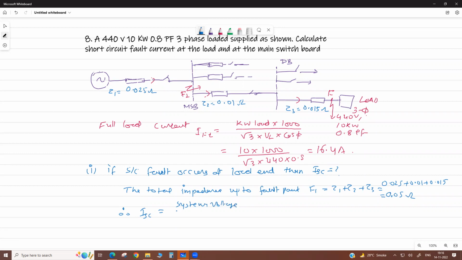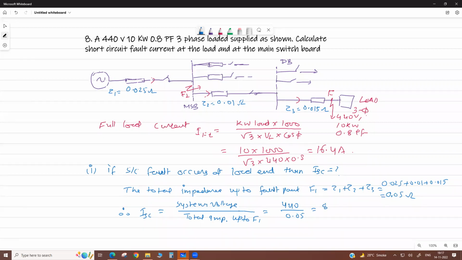Now therefore, please remember, the short circuit current equals the system voltage, your supply voltage, divided by the total series impedance up to the fault point F1. It is 440 divided by 0.05.